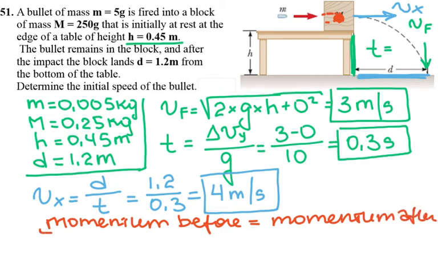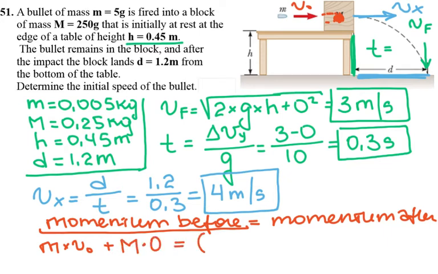For the momentum before, I have the mass of the bullet times its initial velocity, let's call this the initial velocity of the bullet, plus the momentum of the block, mass times its velocity, is equal to, and they stick together, so it's m plus m, times their velocity after. And this velocity after is the one that we just found, that Vx velocity.